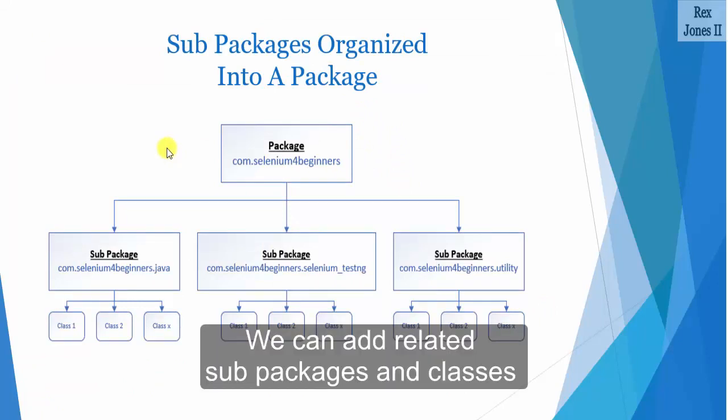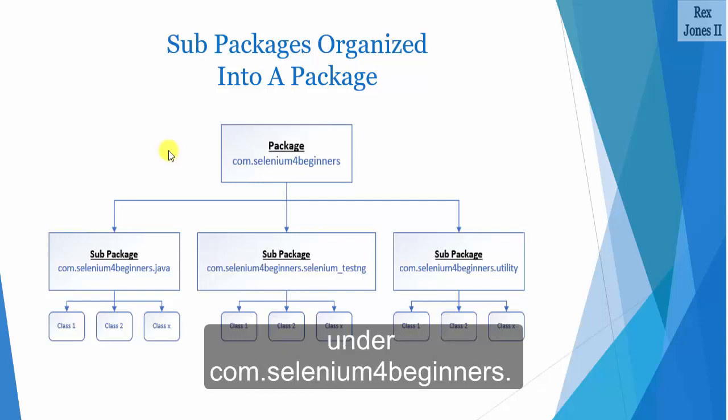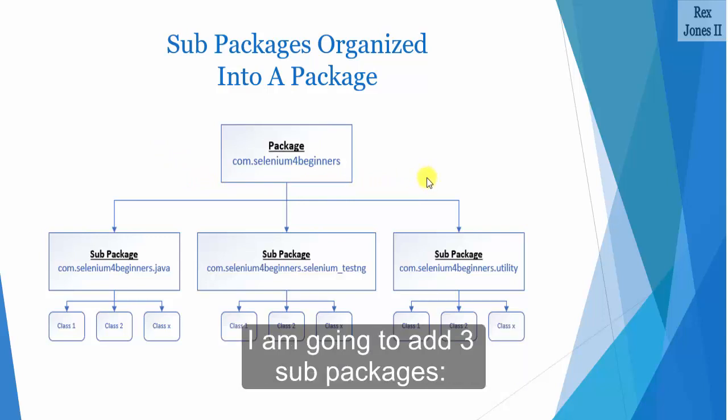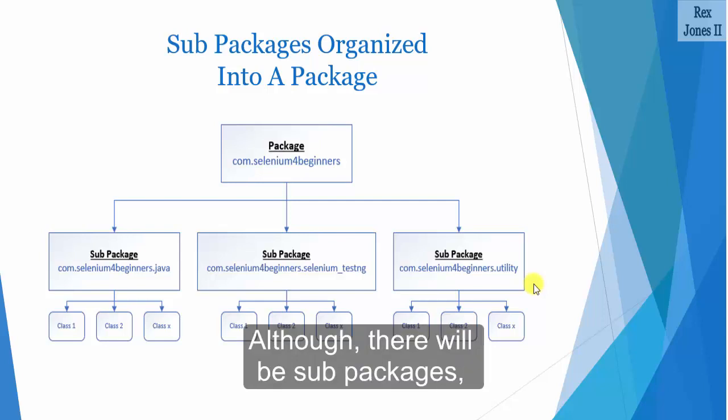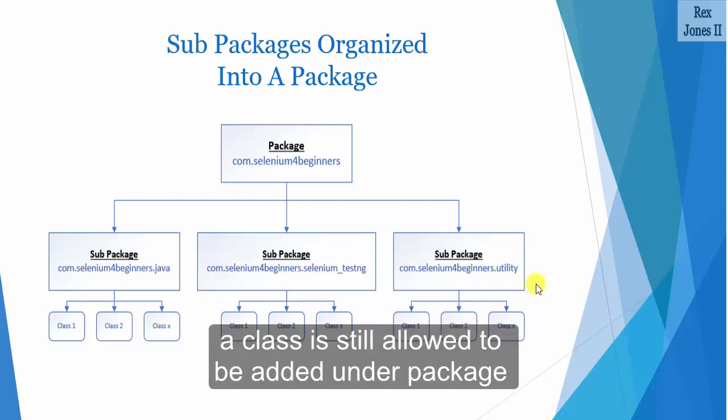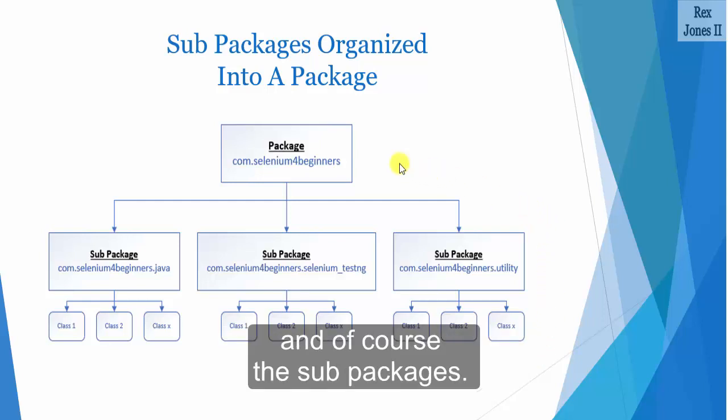We can add related sub-packages and classes under com.selenium for beginners. I am going to add 3 sub-packages: Java, Selenium testng, and utility. Although there will be sub-packages, a class is still allowed to be added under package, and of course the sub-packages.